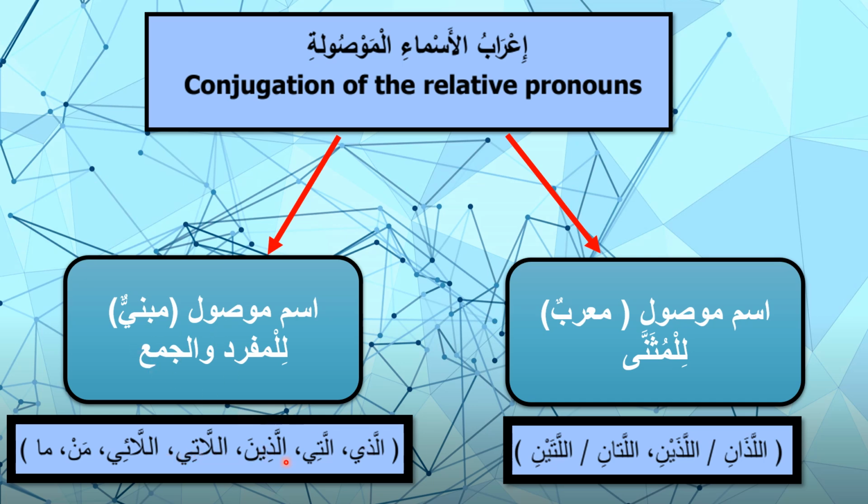And man and ma are also mabni. They don't change their structure, either if they come in majroor case or in mansoob case. Man and ma don't change their structure, just like alladhani or allatani. So this is a very important point to know which one is ma'rab and which one is mabni.